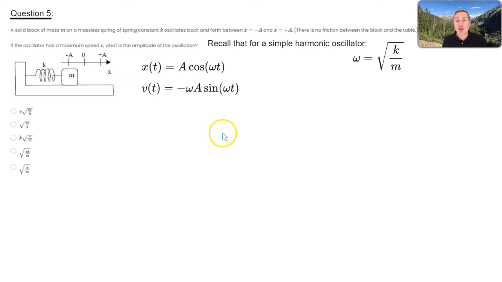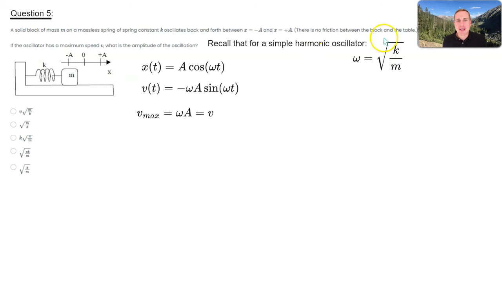Now, hopefully you can realize from this that we can pretty easily look at essentially the amplitude of the velocity function and get the maximum velocity. So that is v max, the maximum velocity magnitude, or you could just say the maximum speed, is equal to omega times a.